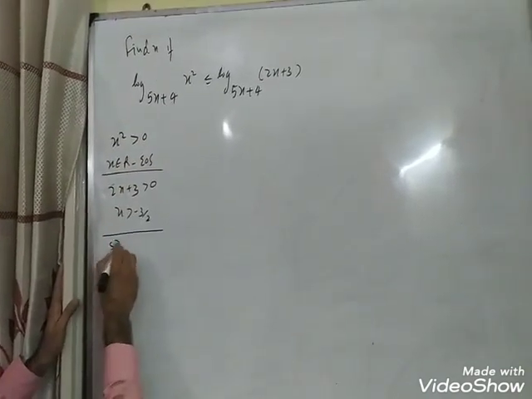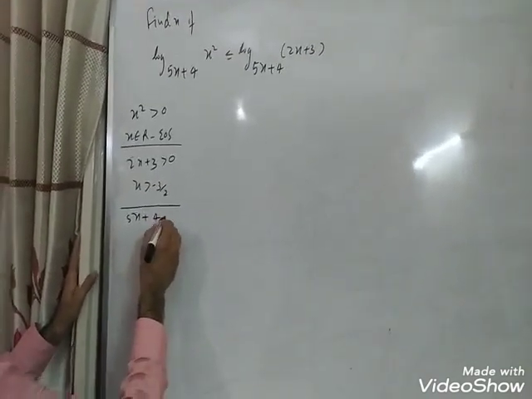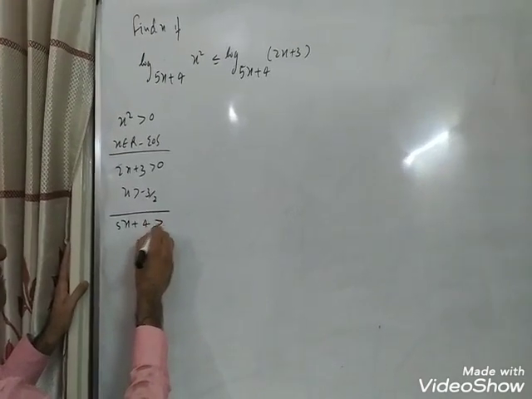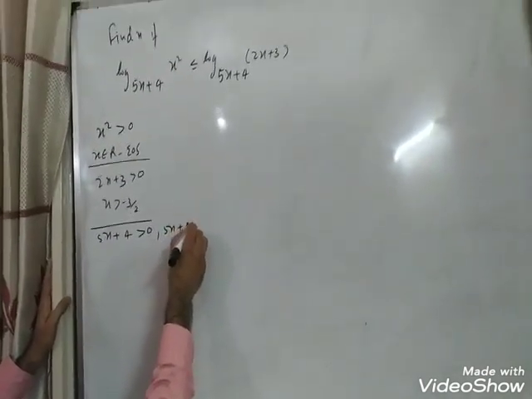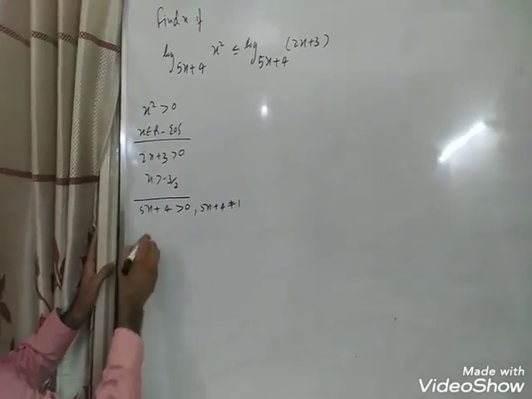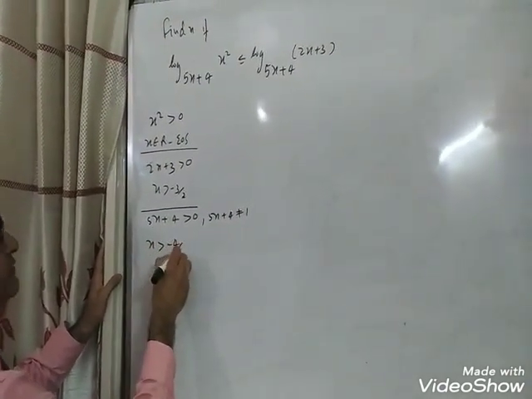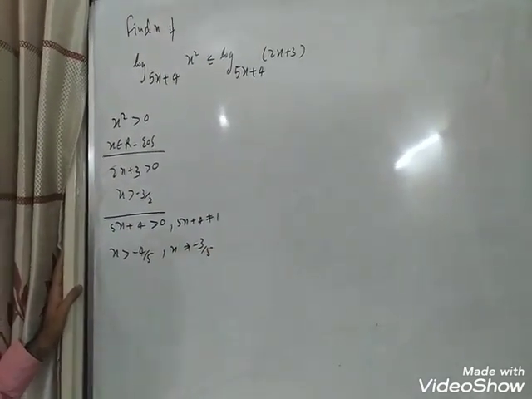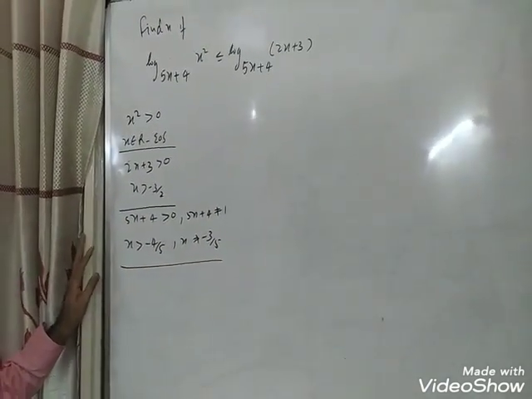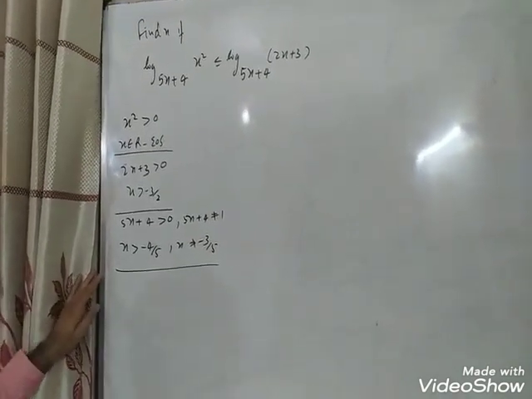Third, 5x plus 4 should be greater than 0, and 5x plus 4 should not be equal to 1. So x must be greater than minus 4 by 5 and x should not be equal to minus 3 by 5. These are the conditions which have to be followed before solving the question.